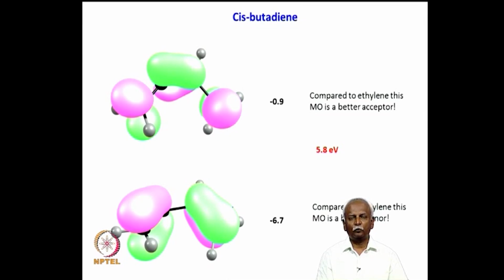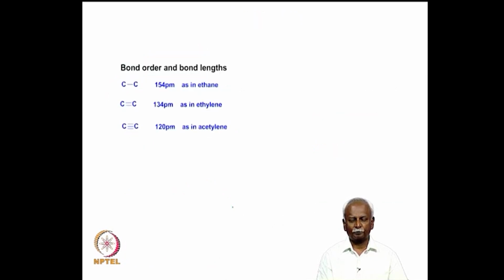That of course leads to something like a chelate effect. You have two double bonds interacting with the same metal, you have something like a chelate effect. But in addition to that, you also have better donor capacity and better acceptor capacity. So, this turns out to be a key factor in the study of butadienes or polyenes with metal complexes.